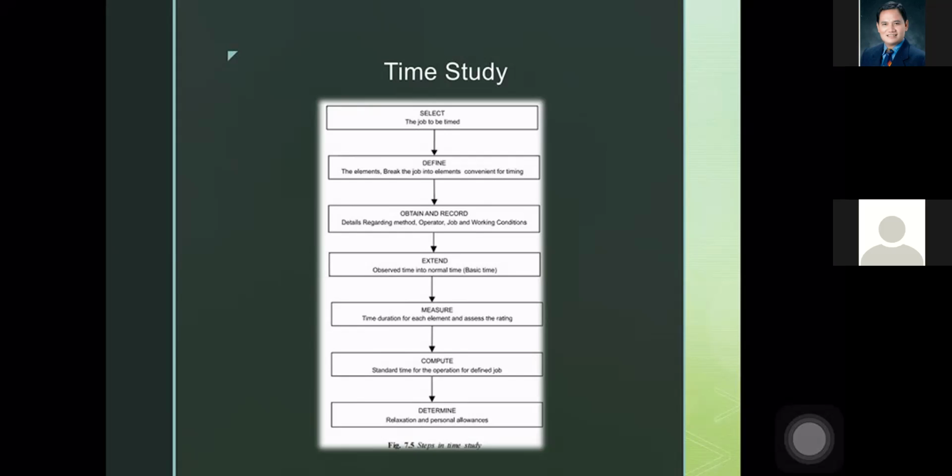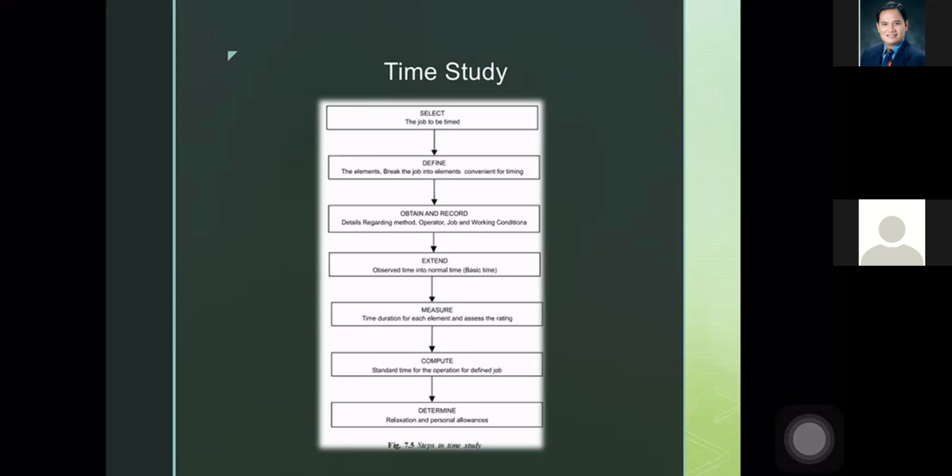Then we need to break down the operation into elements. An element is a distinct part of a specified activity composed of one or more fundamental motions selected for convenience of observation and timing. Measure the time by means of a stopwatch taken by the operator to perform each element of the operation. Either continuous method or snapback method of timing could be used.